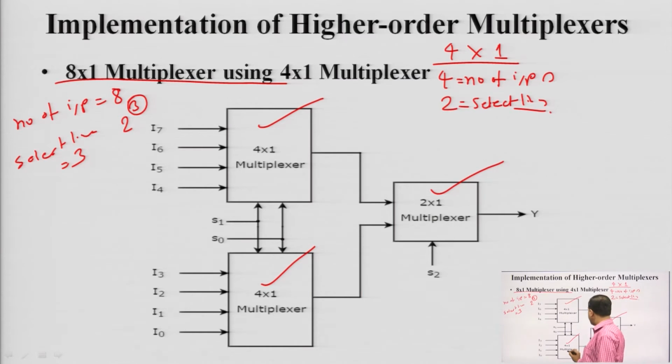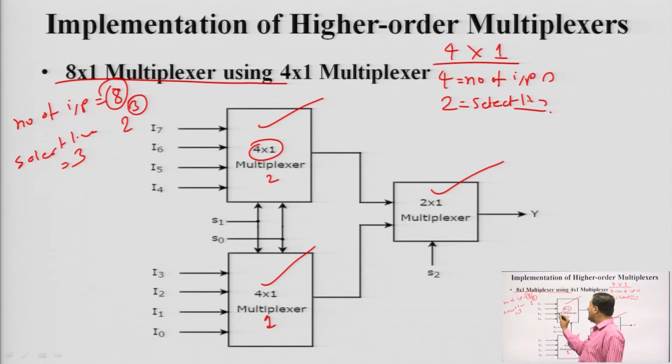See, this is multiplexer number 1 and this is multiplexer number 2, both 4 cross 1 multiplexers. Each has 4 input combinations. So, this is I naught, I 1, I 2, I 3 and here it is I 4, I 5, I 6, I 7, because in total we have to make 8 input lines, I naught to I 7.